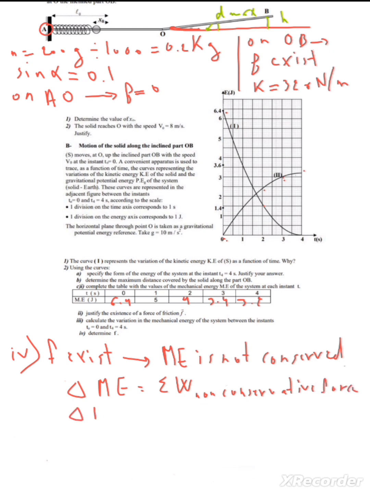So delta ME equal work of friction. So delta ME equal minus F times d, since the work of friction is minus F times d. Minus 3.2 equal minus F times 1.6, since the distance from O to the position at t equal 4 seconds is this d max, then friction F equal 0.2 Newton.